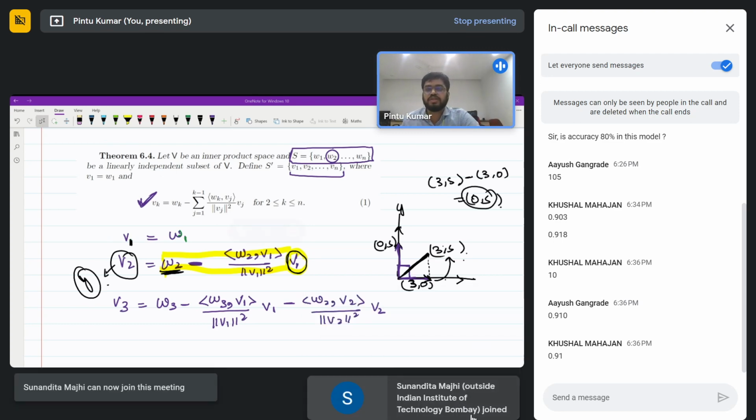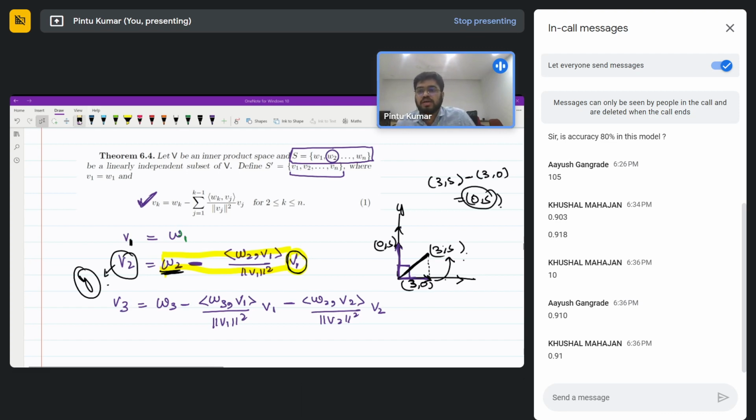So we will proceed in similar fashion, or if you want to generalize this for any Vk, then from Wk you are subtracting its projection on every one of the previous Vi's, so Vi from 1 to k minus 1. Okay. So this process is known as Gram-Schmidt's orthogonalization process. So yeah.